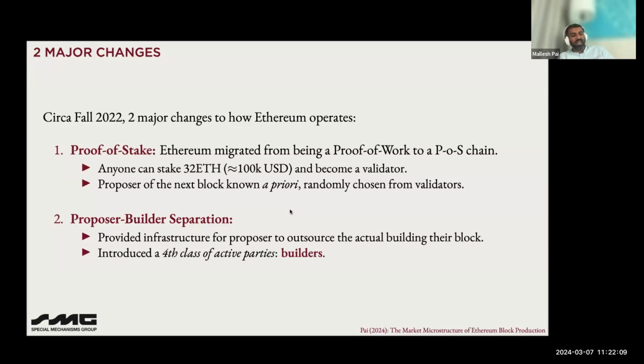So going back to our simple model where there were three parties, users, miners or validators, and proposers, now there's a fourth class of active parties, called builders, whose job in life is to build blocks.